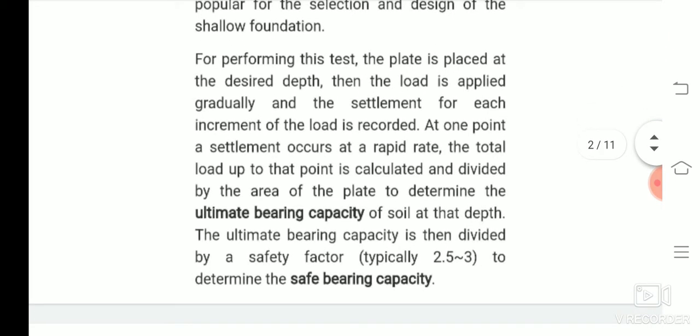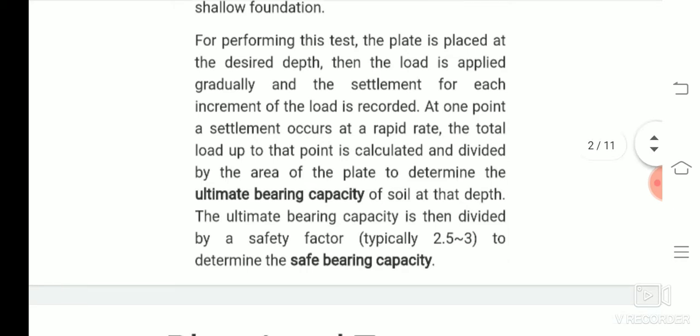So for performing this test, what do we need to do? The plate is placed at a desired depth, then the load is applied on this rigid plate at the foundation level and the settlement corresponding to each load increment is recorded.